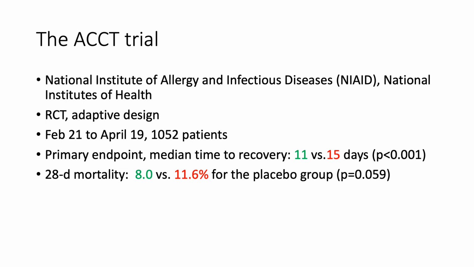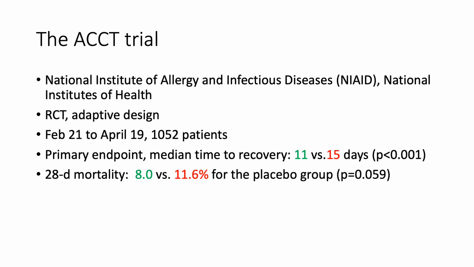Recovery was discharge from hospital or recovery to a predefined level. And the time to recovery was significantly less with the use of Remdesivir. The median time to recovery was 11 days in the Remdesivir arm versus 15 days in the placebo arm.